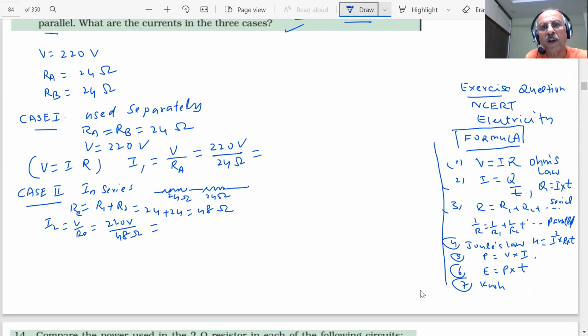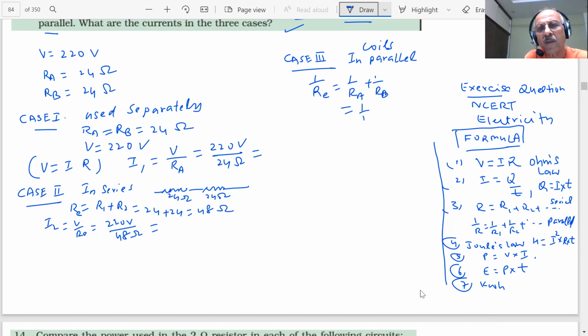Case 1, case 2. Let us take case 3, students. When the coils are connected in parallel, what will be the effective resistance? 1 by Ra plus 1 by Rb, 1 by 24 plus 1 by 24.